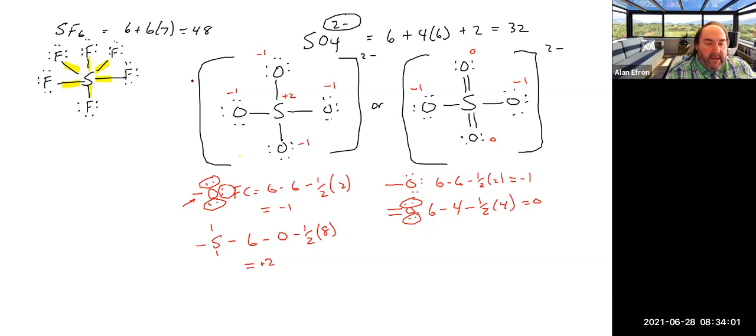Next, we will have our sulfur, which is a little bit different here. We got double bonds happening there, single bonds happening there. That's going to give us 6 minus 0 minus 1/2 of 12, and that's basically 6 minus 6, which is 0.